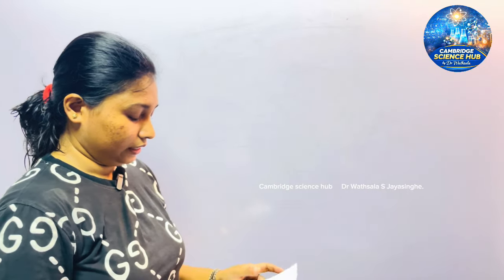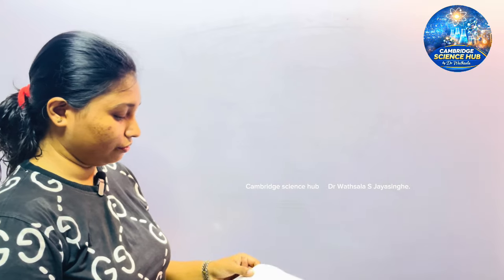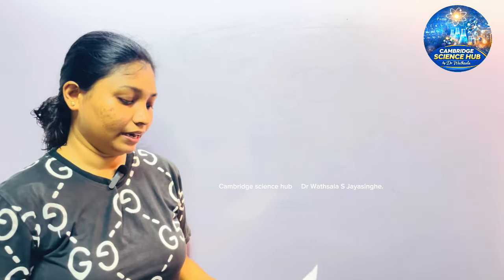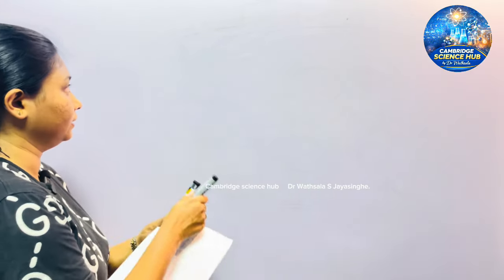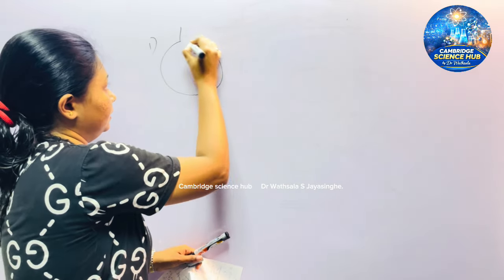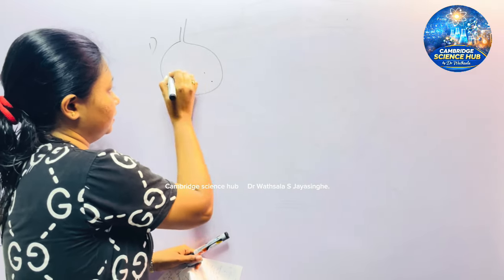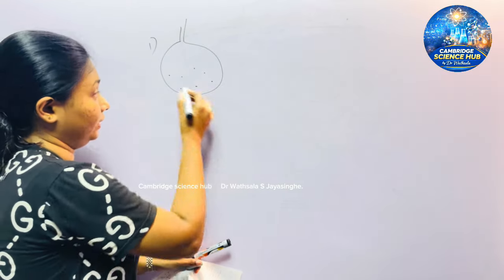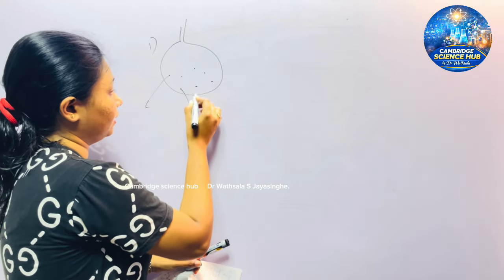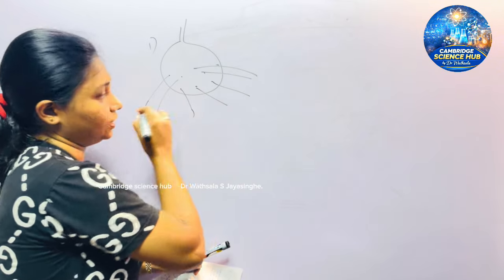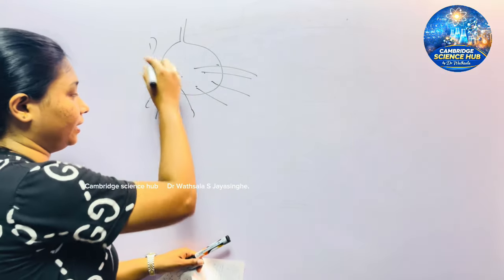Now, in your syllabus, you are given 3 practicals to be done. In one practical, you have to take a polythene bag with some holes and fill it with water, or any other liquid. Then the water will come out through these holes. That's the very first practical.